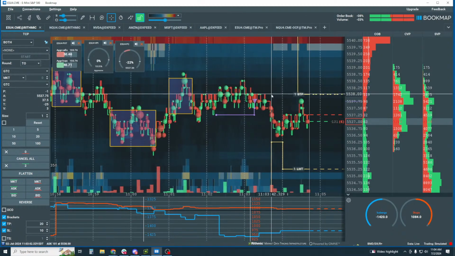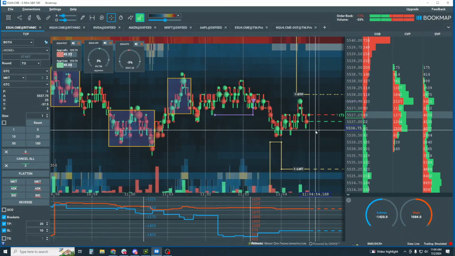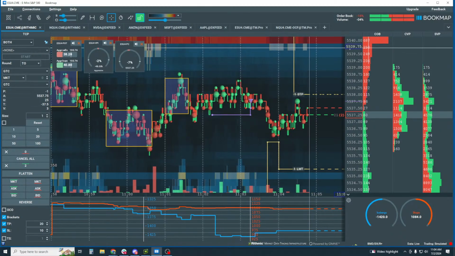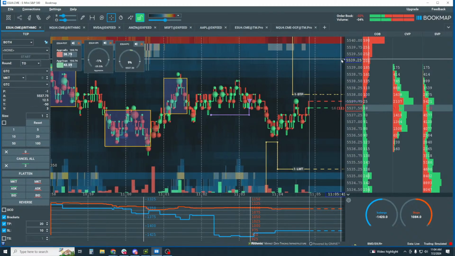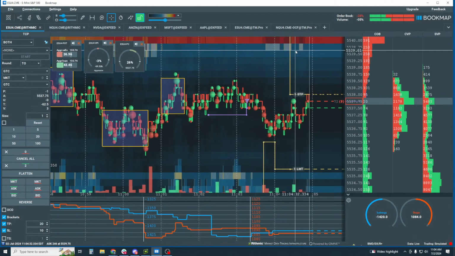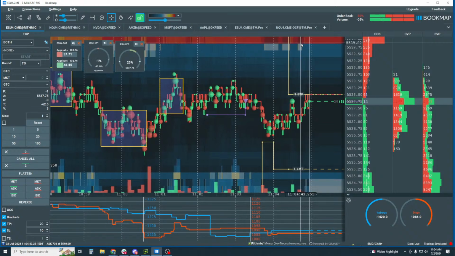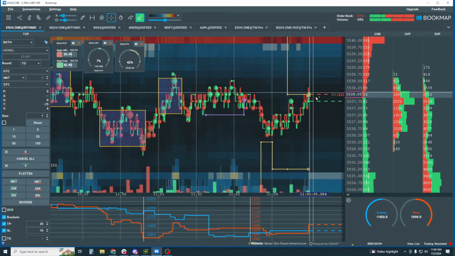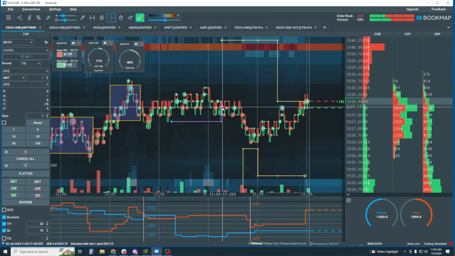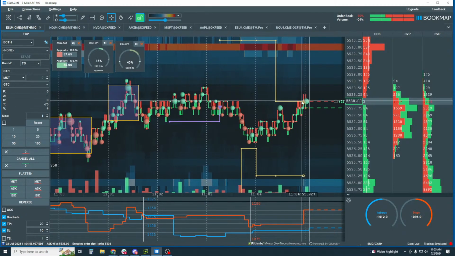We're still looking for it, and we got to get our sellers here. And we're not going to get it. Yeah, we're stopped out on that one too. Okay, so we got stopped out here for a tick.